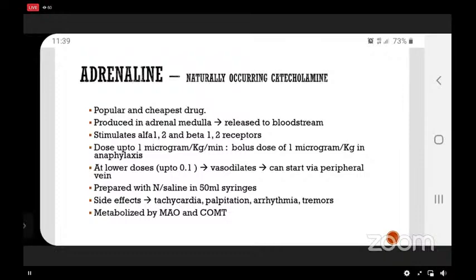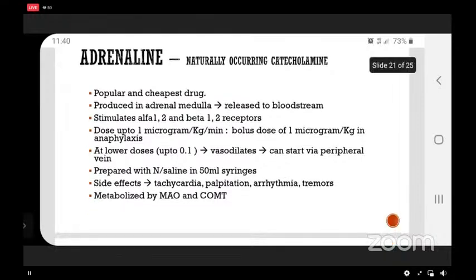So at relatively lower dose, for example, up to 0.1 mics per kilogram per minute, it will mainly cause vasodilatation and tachycardia and inotropic action. But when the dose is going up, it will cause vasoconstriction.